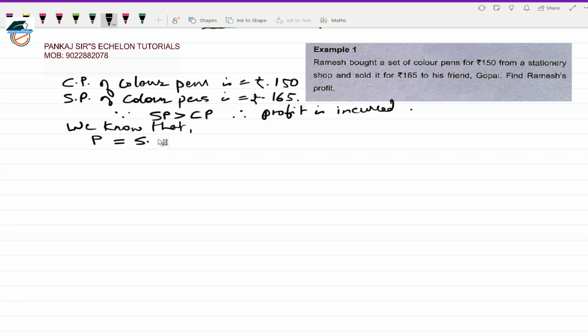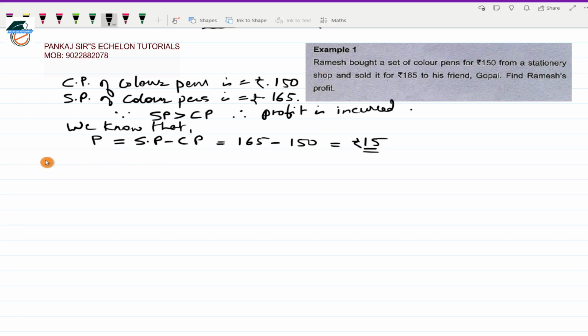Okay, profit is equal to selling price minus cost price. So that will be equal to 165 minus 150, and that will be equal to 15 rupees, right? Therefore, the profit made by Ramesh is 15 rupees.